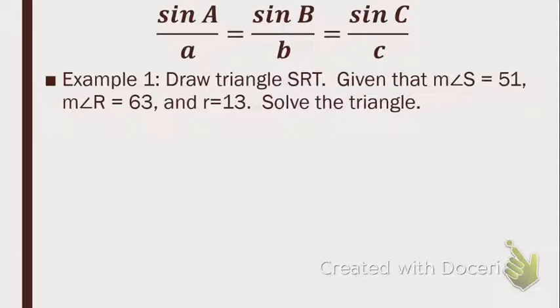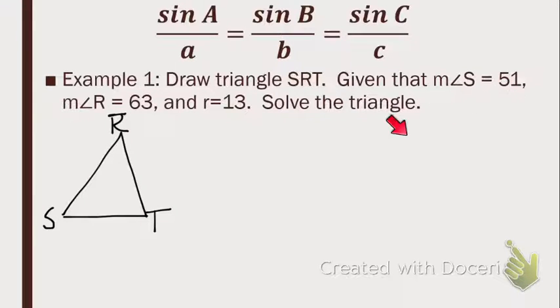Okay, so let's go ahead and start by drawing out our triangle, SRT, and fill in the pieces of information that they gave us. So the first thing they said is that the measure of angle S is 51.